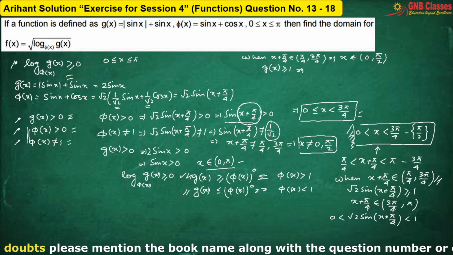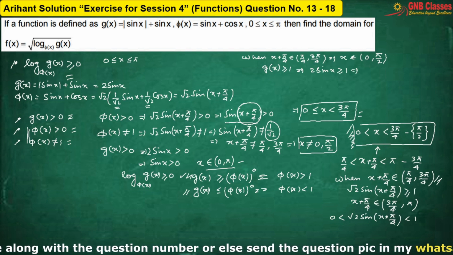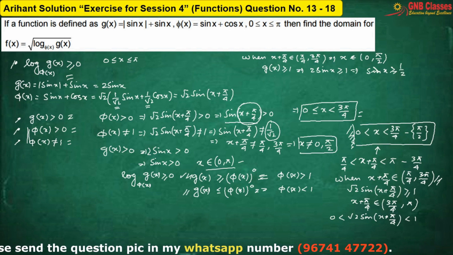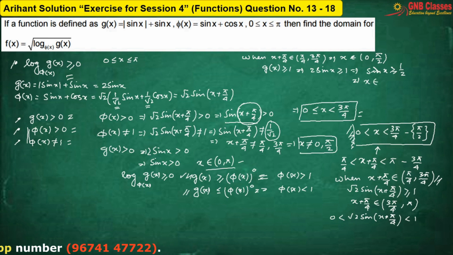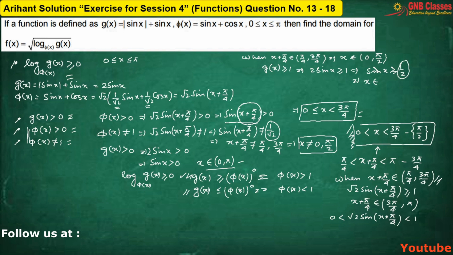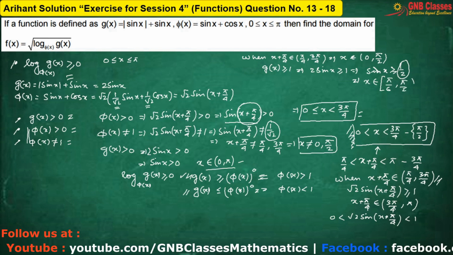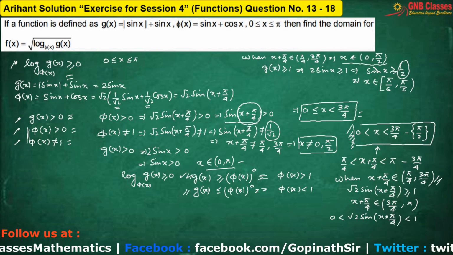That implies 2 sin x is greater than or equal to 1, implies sin x is greater than or equal to half. So from here we can write x belongs to, because half gives sin 30 degrees, closed pi by 6 to pi by 2 open, because our range of x in this case is from 0 to pi by 2.